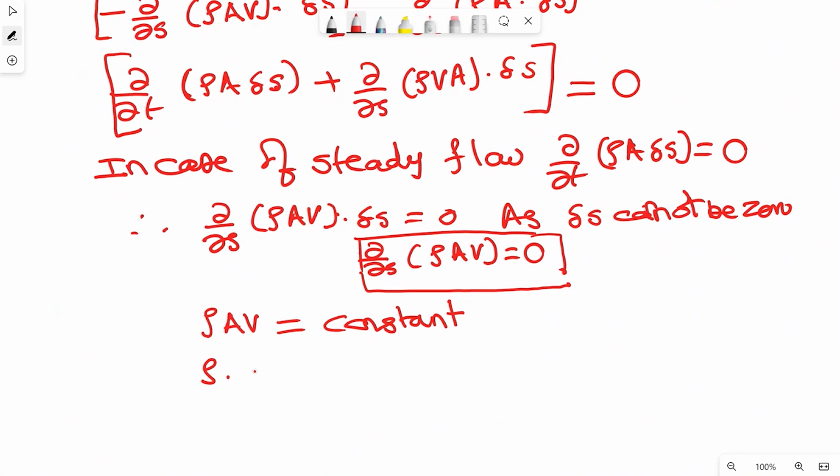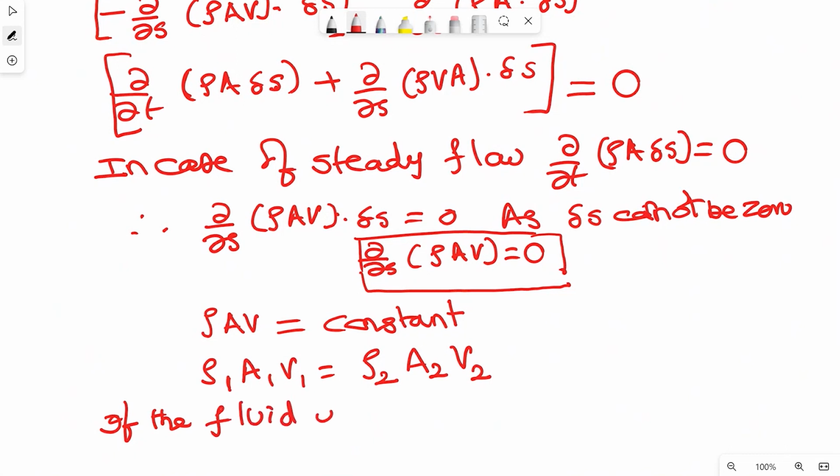Rho 1, A1, V1 is equal to rho 2, A2, V2. If the fluid is the same, then rho 1 is equal to rho 2.